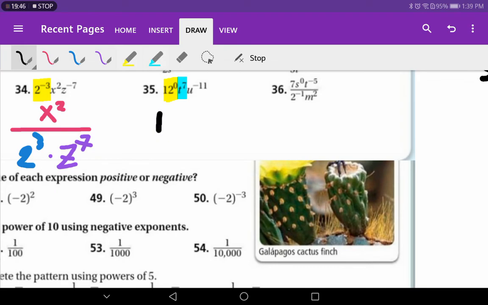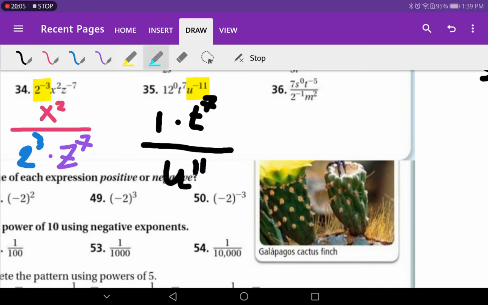So 1 come from 12 with power 0, and t with power 7. It is okay. But here, at the end, I have u with power negative 11. I have to put it down to make it positive. U with power 11. We're done. Okay, this is for you. You can send it to me, my dear student.